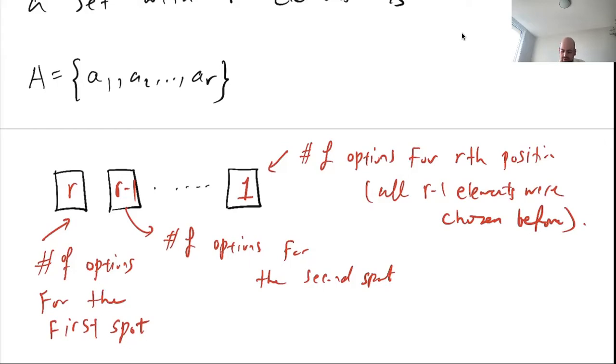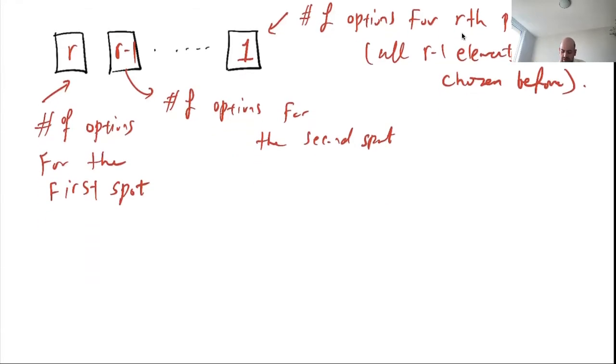Okay, so in total, how many options do we have? So in total, using the product rule, right?